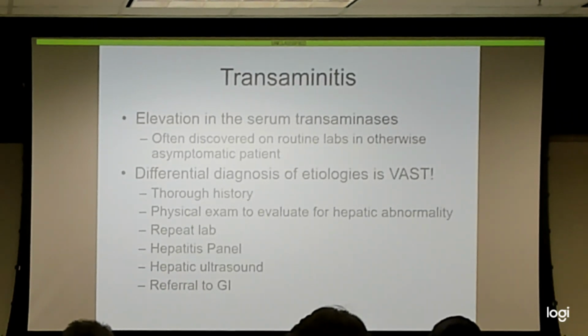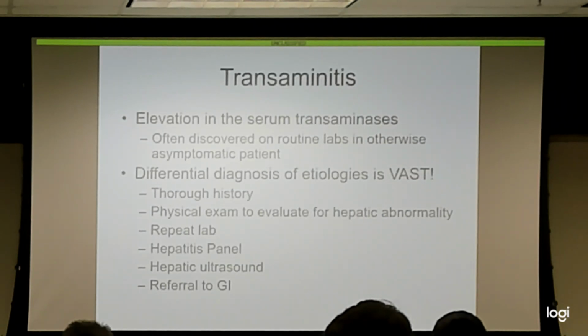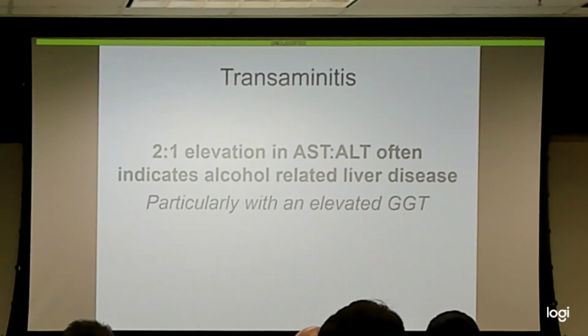Maybe start looking at hepatitis and some of your viral etiologies, hepatic ultrasound, and then referral to GI, because they're the ones that are going to do scopes and talk to people about liver transplants. It's a little above your family practice PA level, right? And so if you've done all of your diagnostic studies and they're still elevated, you need help, so call the specialist. So this is important to know, especially in the military, right?